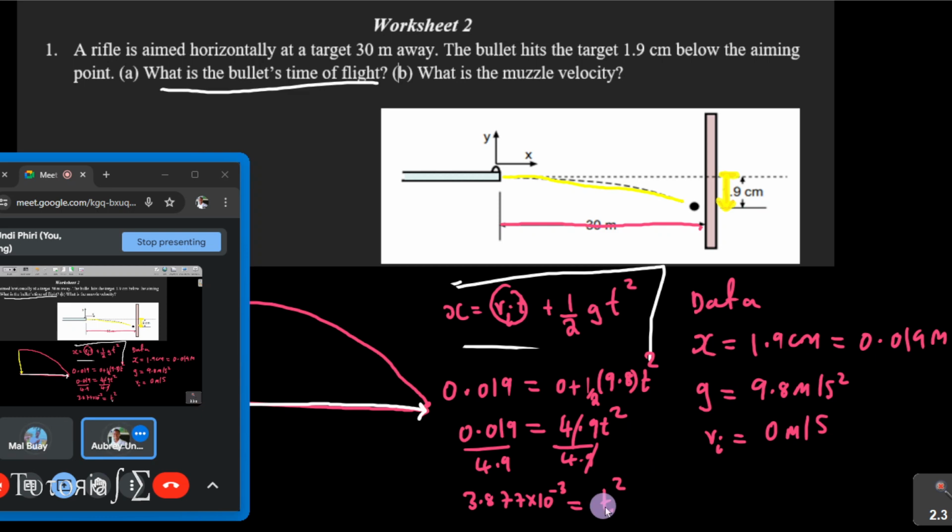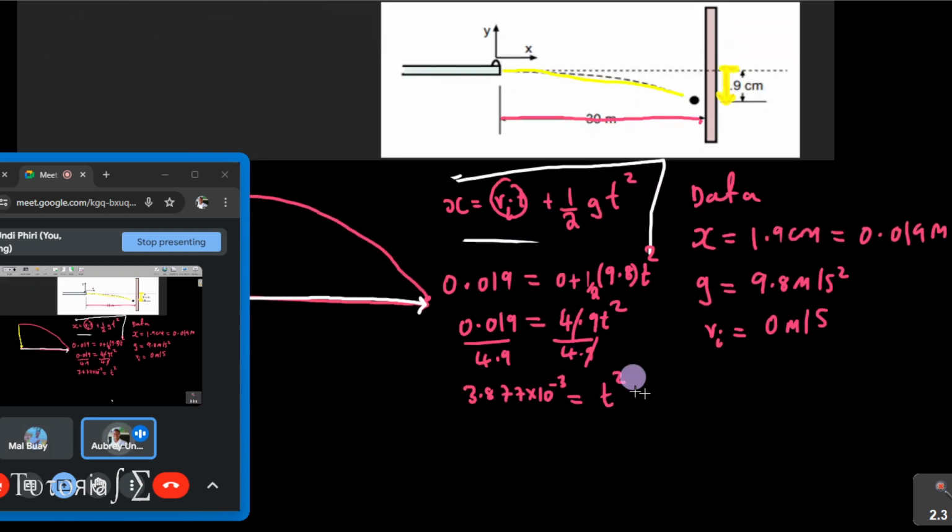So now, what should we do for us to have t? We are going to remove the square of t by applying the square root. Very good. So we introduce the square root this side and the square root this side, so this and this can go. Then what is the square root of that number? On your calculator, you can just say square root, then answer.